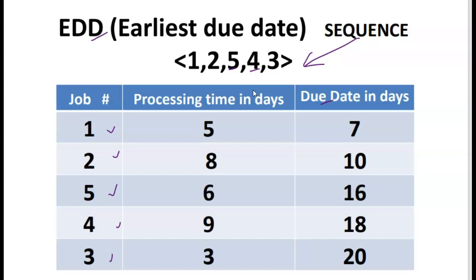Please don't interchange the due date and the processing time. Job 1, let the due date and the processing time be the same as what we have in the question. Don't say that because you are rearranging, you change them. Please rearrange properly so that you pick the corresponding processing time and the due date. Now we have rearranged in that order.